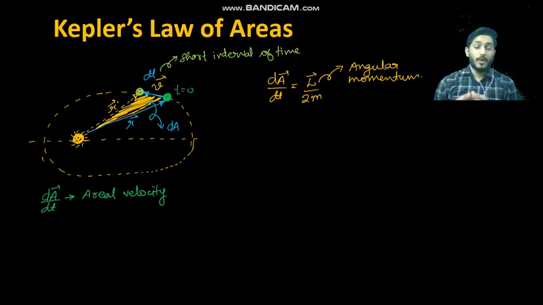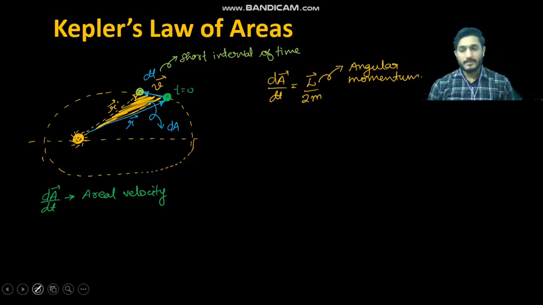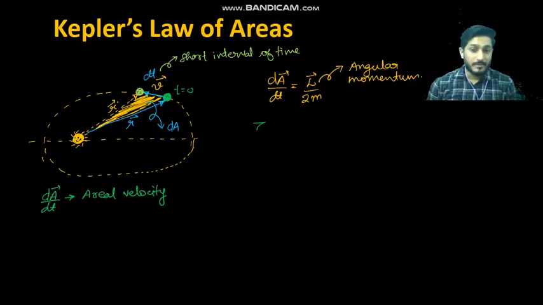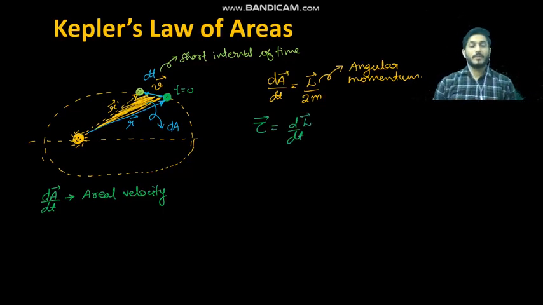Now, what fact deduces that angular momentum is constant? We have studied in rotational motion that when the torque on a system of particles or a rigid body, or in general any body, is 0, then we can say that the angular momentum of the body about any point remains constant.